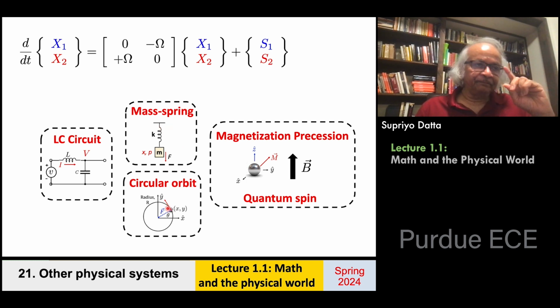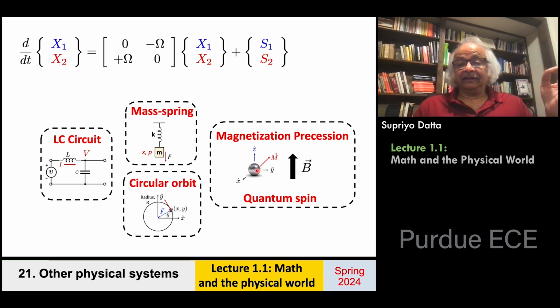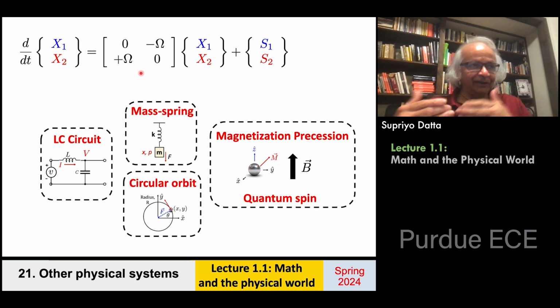You can think of something going around in a circular orbit, like a stone tied by a string that you twirl around. Or it could be a little magnet whose magnetization is subject to a magnetic field. All of these, at the end of the day, will be described by an equation that looks something like this, and this matrix will have eigenvalues plus j omega and minus j omega.